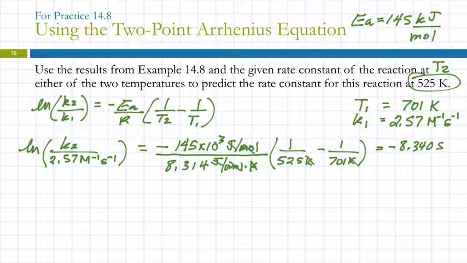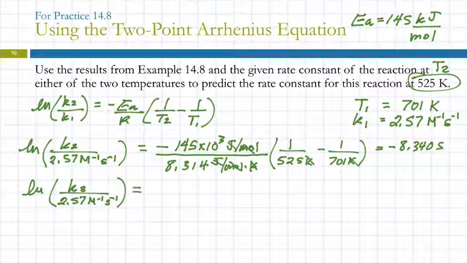So that you can see what I'm doing here, I'm just going to rewrite that. So the natural log of that ratio of rate constants is equal to negative 8.3405.